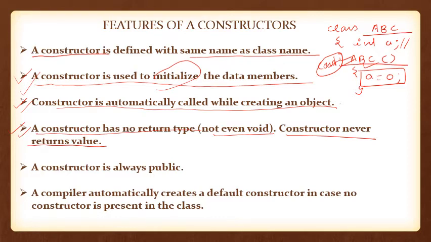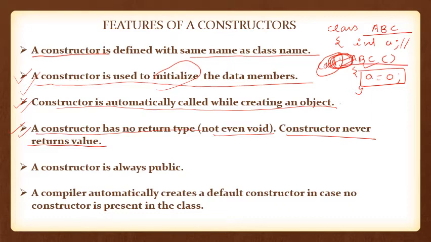So there are two types of function you all know, return type and non-return type. In return type, a function can return any primitive or non-primitive data type. And in non-return type, meaning the function is not returning a value, then write what? Void. But a constructor function has no return type, not even void.